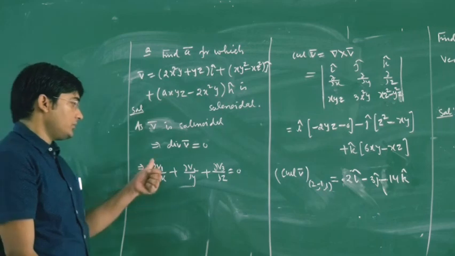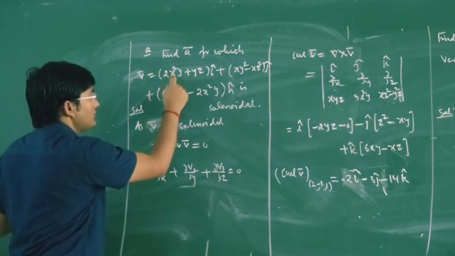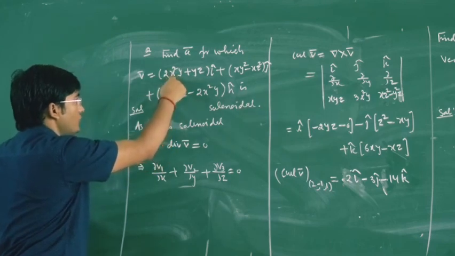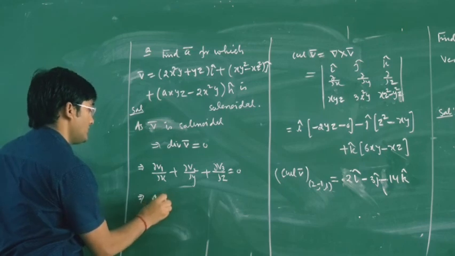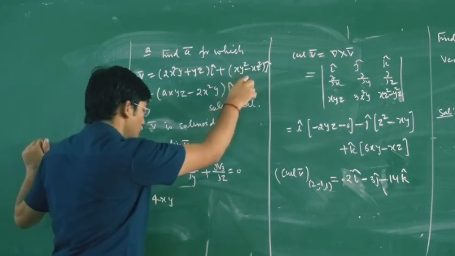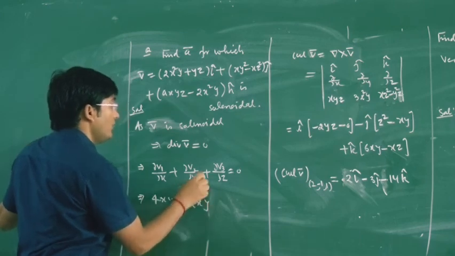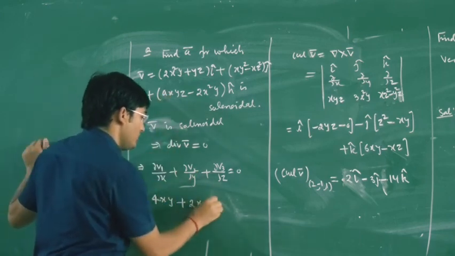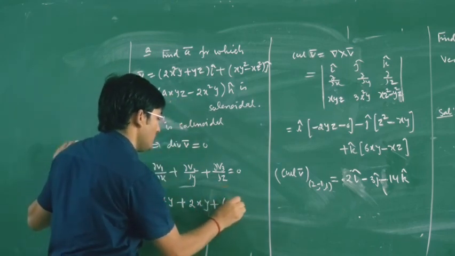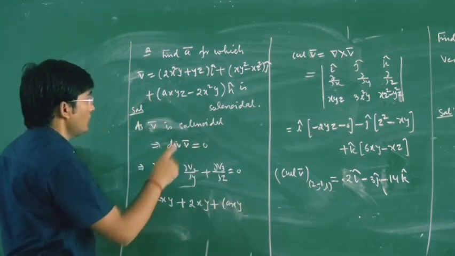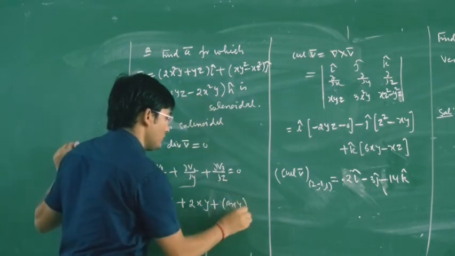Del V1 upon del x, the differentiation of V1 with respect to x, will give you 4xy. Then del V2 upon del y will give you 2xy. Then the differentiation of the third term with respect to z will give you axy, and the sum is equal to 0.